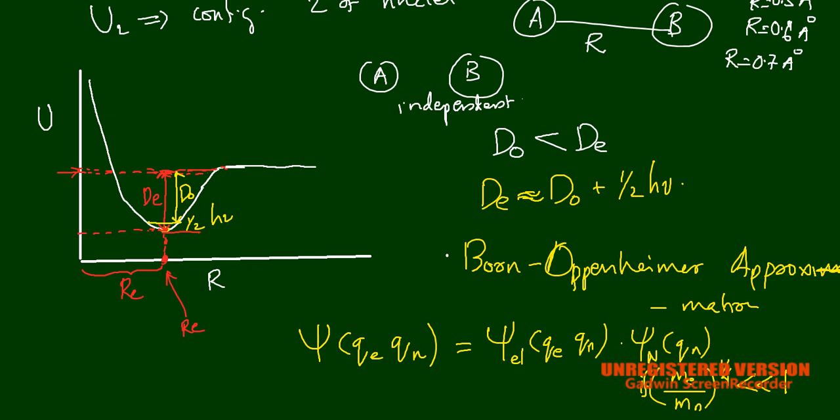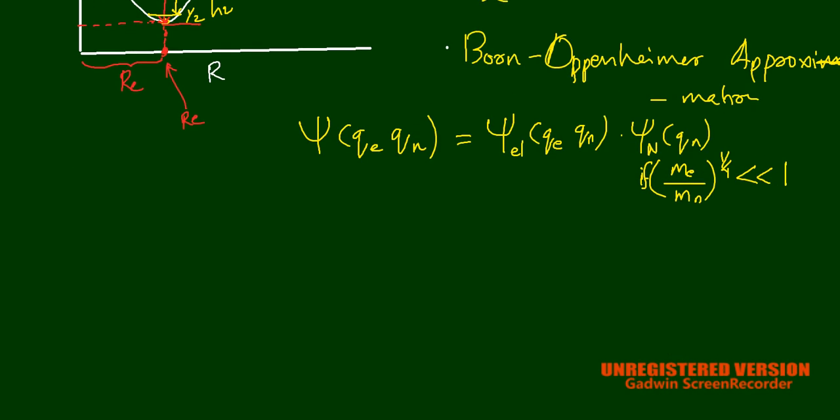The approximation introduces a little bit of error. You know that any approximation will introduce a little bit of error. This will introduce a little error to the ground electronic states of the diatomic molecule.